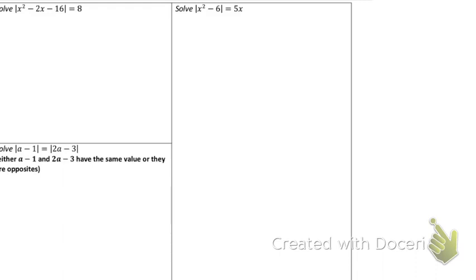No. So that means that 5x has to be positive. And if it was negative 5x, it would have to be negative. So that has to be positive. So x must be positive, greater than or equal to 0, for that to work.